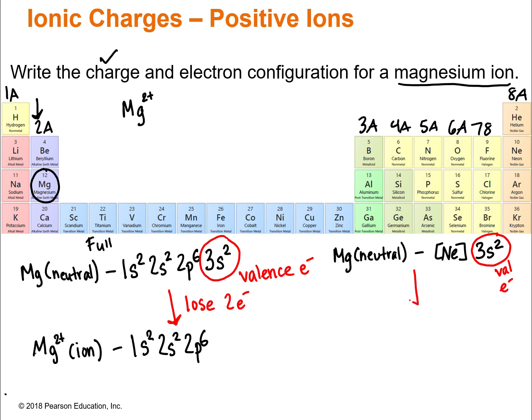So when I lose them, what do you think my noble gas configuration is going to be for my ion?